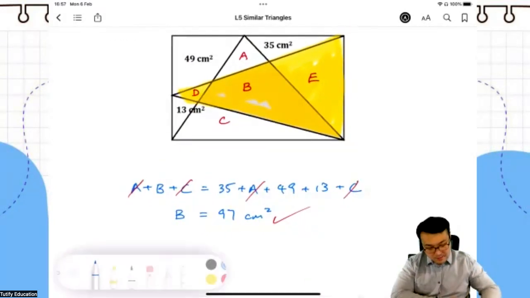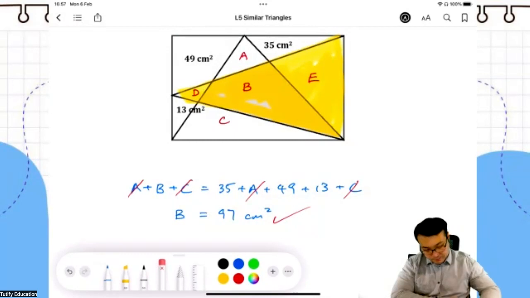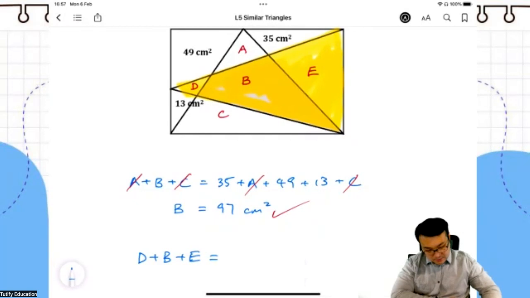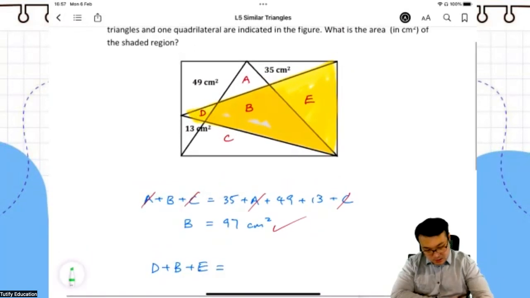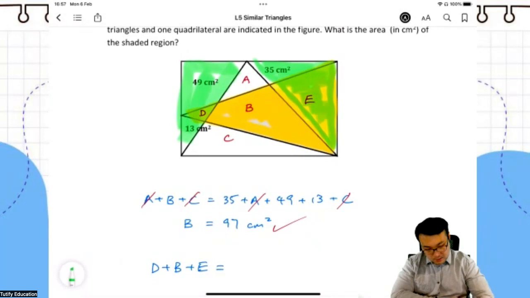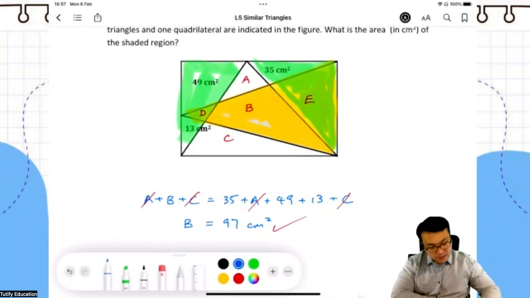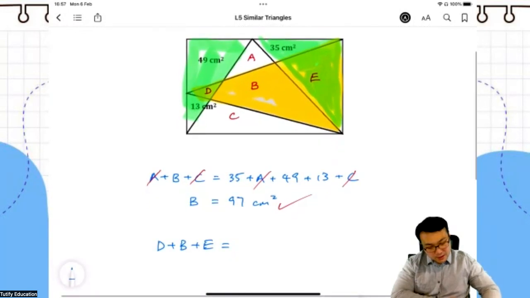Equals to what? 49 plus A plus 35 plus 13 plus C. So are you trying to use this green part? You should use this green part, right, Vishwam? Yeah. So what are you going to write down?